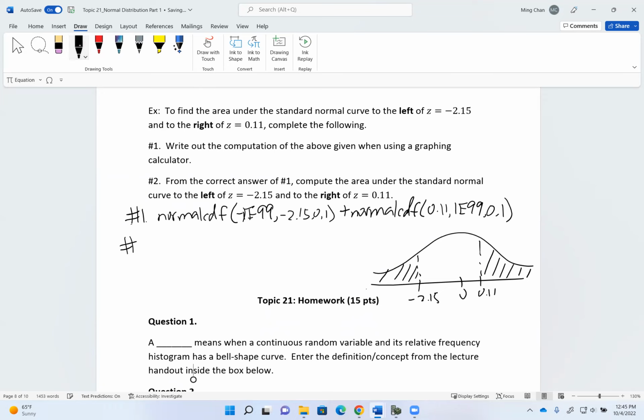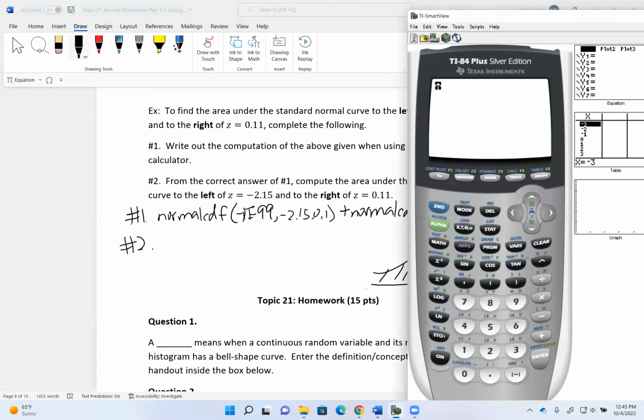So number 2, let's round to 2 decimal places. Normal CDF, negative 1E99, comma, negative 2.15, comma, 0, comma 1, close parenthesis, then plus normal CDF. The lower bound is 0.11, the upper bound is 1E99, comma 0, comma 1.